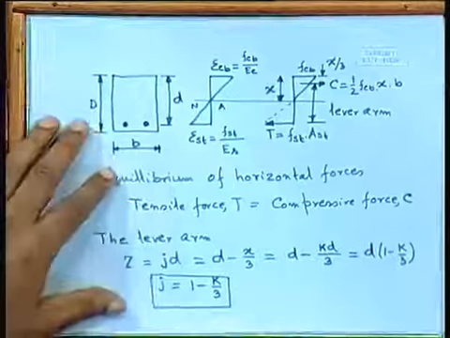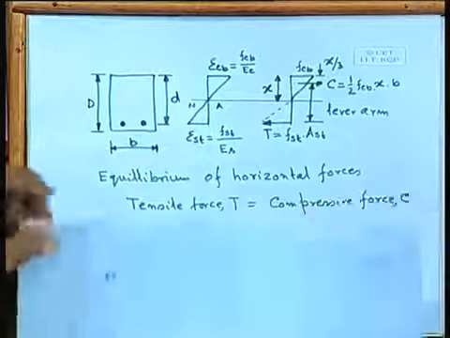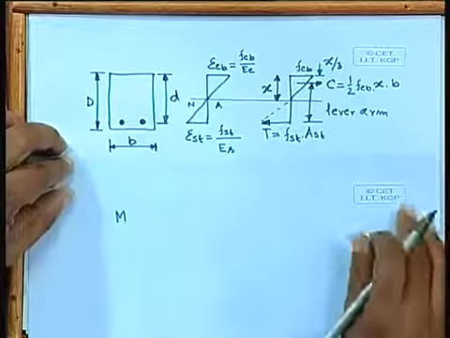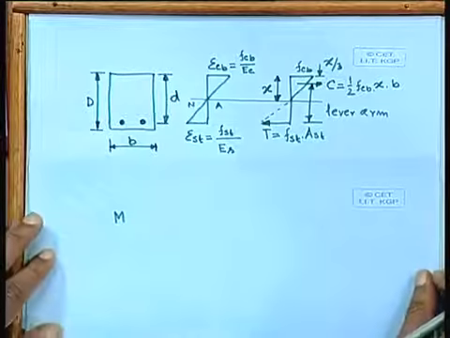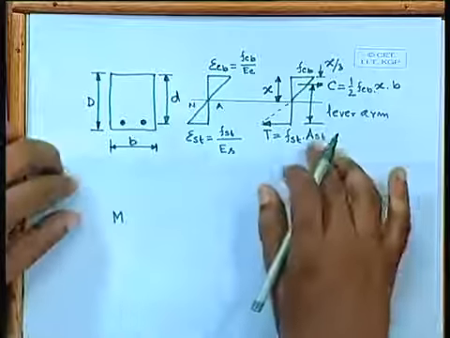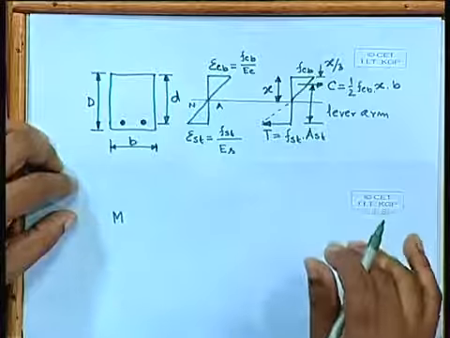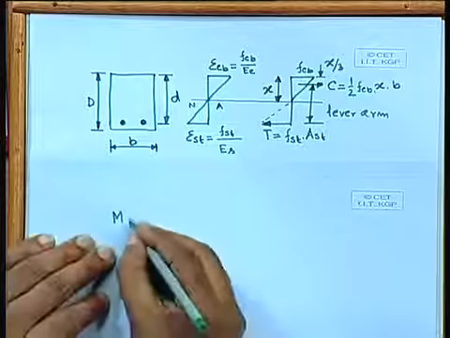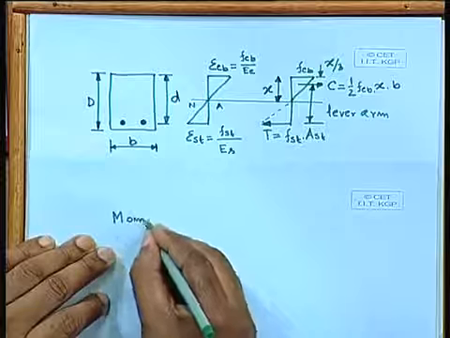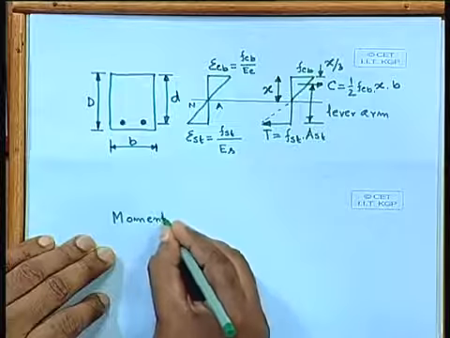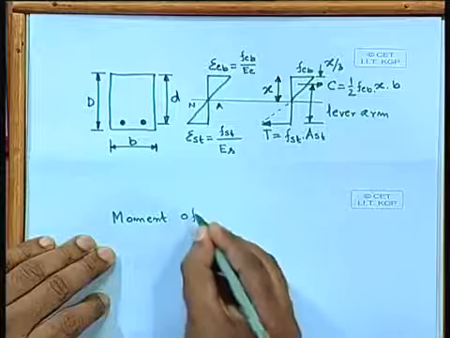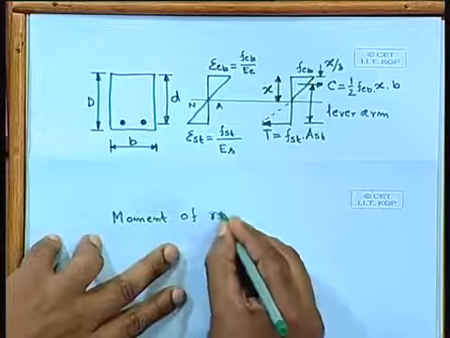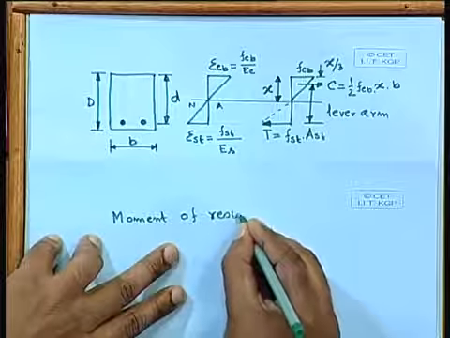So we are keeping this one, and then let us make it in this particular fashion, so that we can get that equation again. So the moment of resistance is what we have to find out.